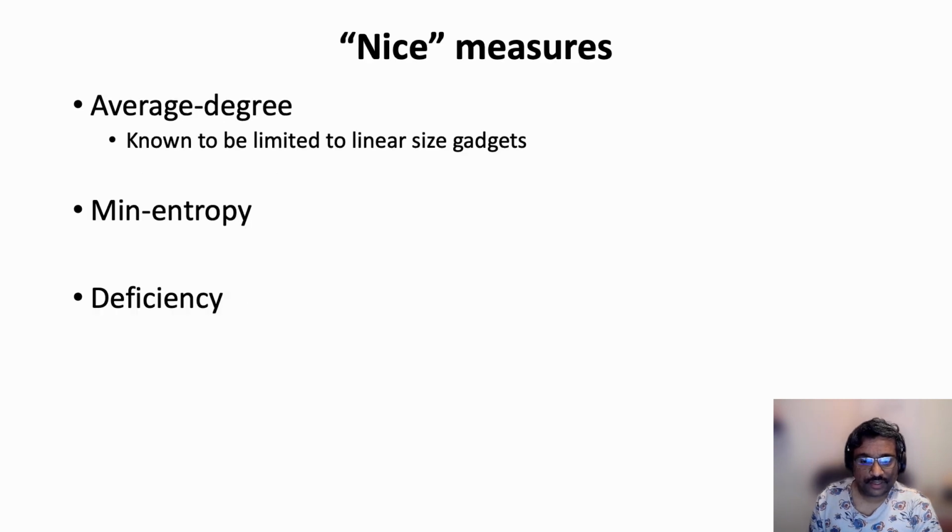So let me tell you a bit about what these nice measures that we were talking about in the last slide are, which ensure that the gadget has the disperser property. So historically, the first nice measure that was used to ensure the disperser property for the index gadget was the average degree.